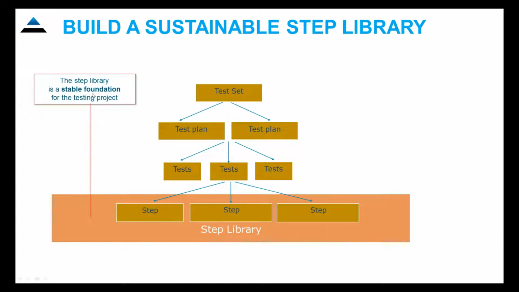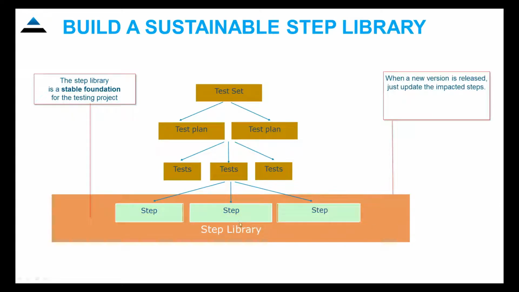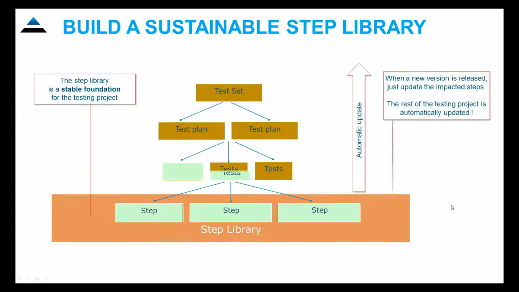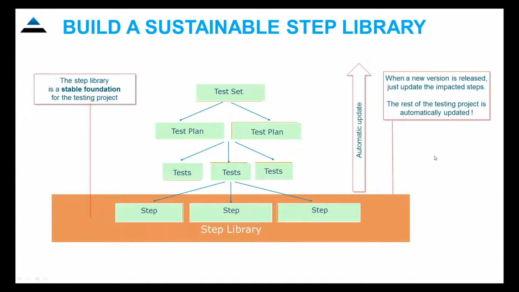It's a stable foundation upon which to build our tests. When a new version is released, we update the impacted steps, and all of the tests are automatically going to be updated. So again, another opportunity for us to reduce the cost and the level of effort of maintaining your tests. It makes you more productive.